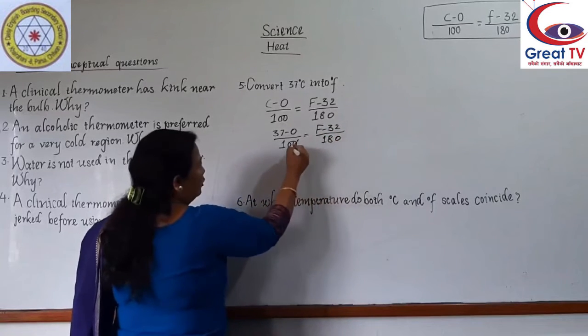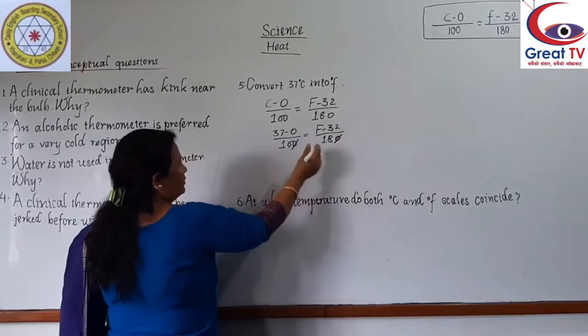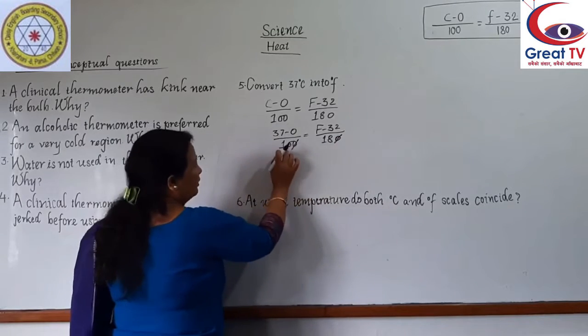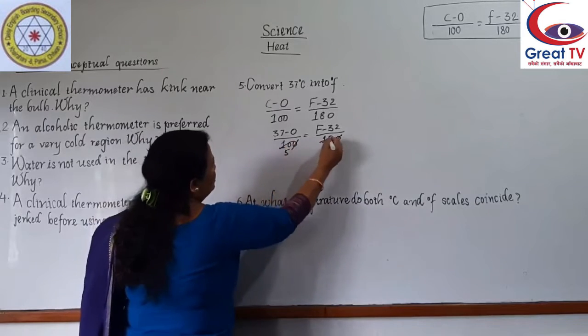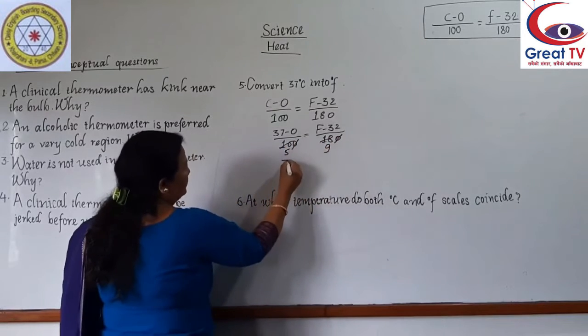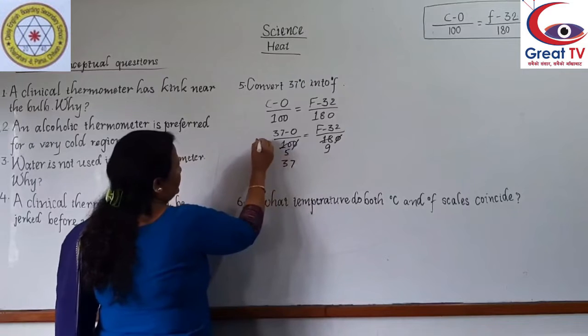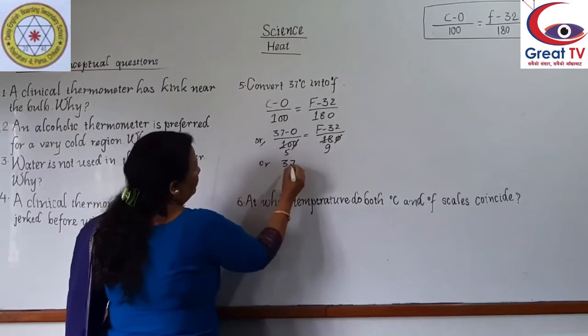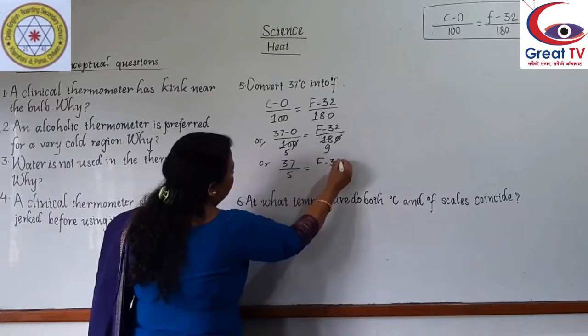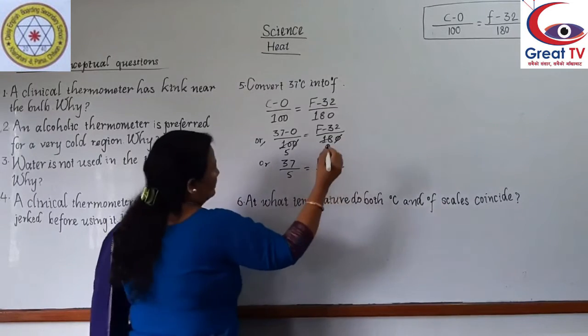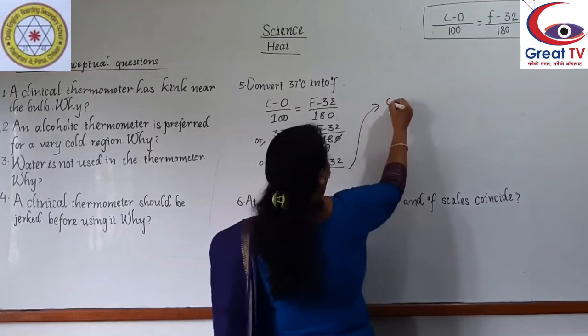To make it easier, we cancel 100 and 180 here. 2 5s are 10, 2 9s are 18. Now 37/5 is equal to (F minus 32)/9.